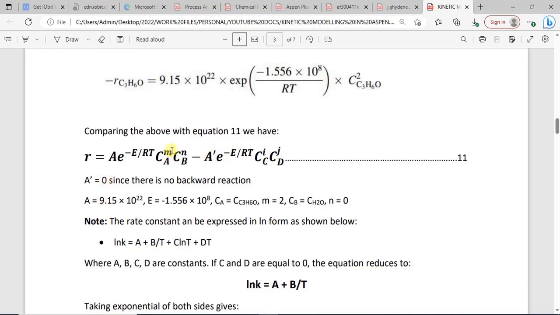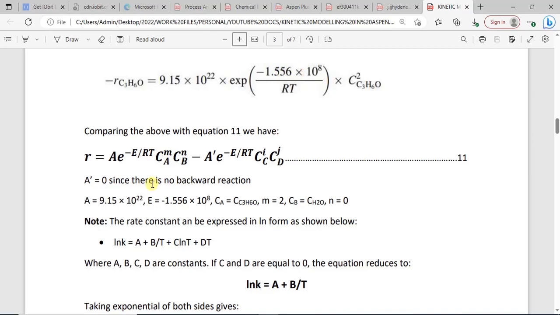And if A prime is 0, every other thing that is attached to A prime would automatically be 0, because 0 times whatever is here is already 0. So A prime is 0. Then you have A, which is the pre-exponential factor of the forward reaction, is 9.15 times 10 raised to the power 22. Then you have E, based on comparison, is minus 1.556 times 10 raised to the power 8.